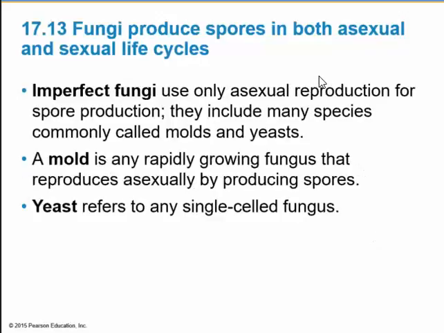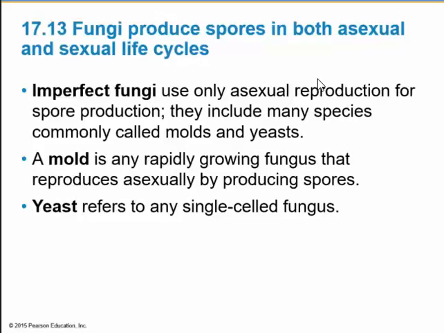Now, one classification of fungi is imperfect. They have not been observed to complete sexual reproduction in the lab, so they only reproduce asexually. And many molds, bread mold, for example, penicillium, are imperfect fungi.